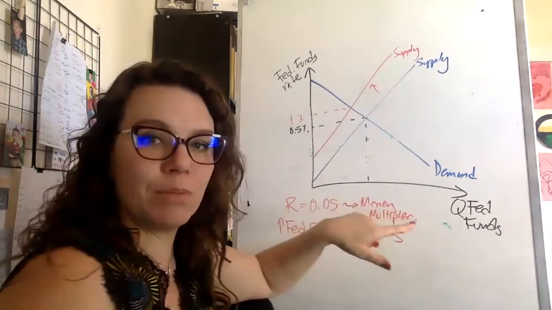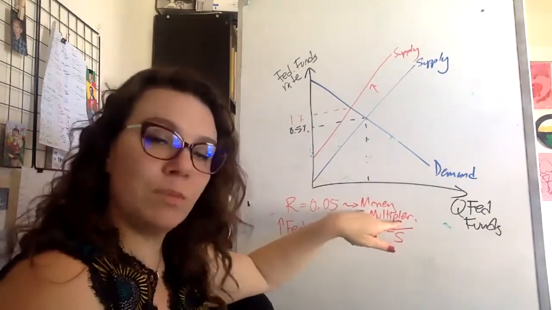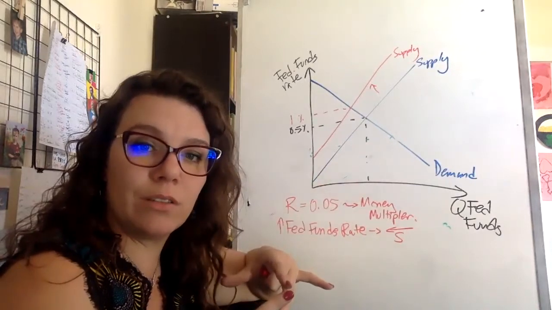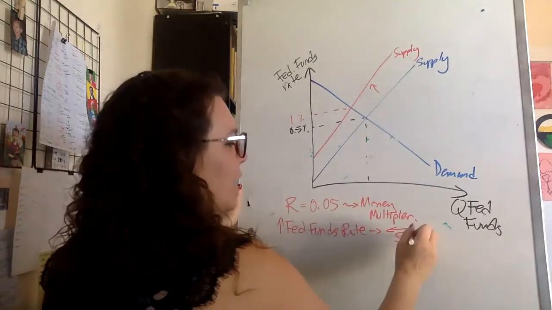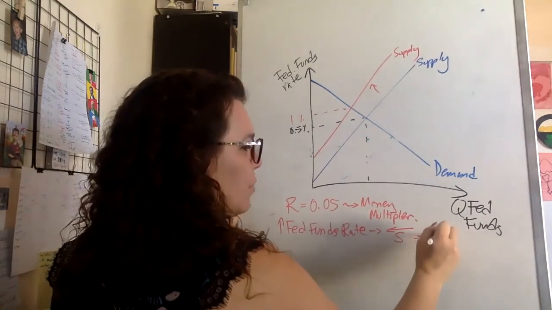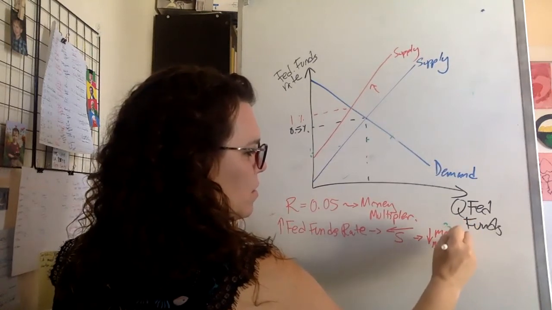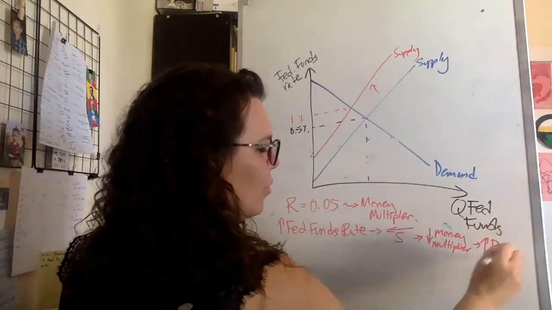So we want the money supply to be smaller. Do we want the money multiplier to be bigger or smaller if we want the supply of money to go smaller? We want it to be smaller. If we want the money supply to go down, that means we need a smaller money multiplier, which means we need a larger reserve ratio.